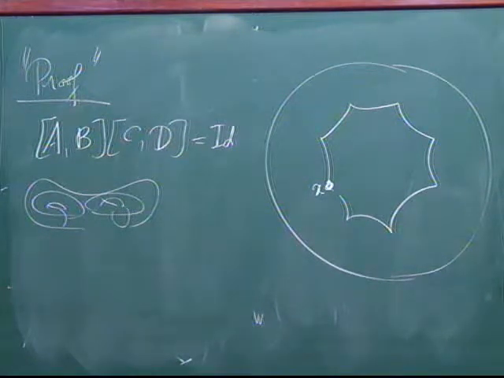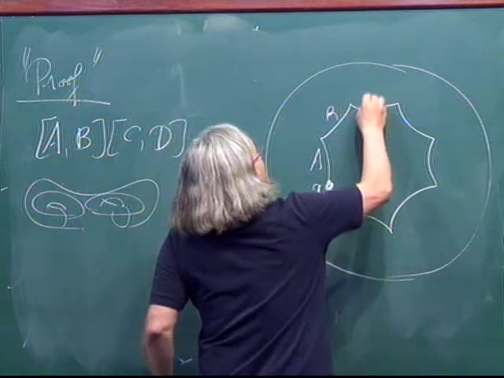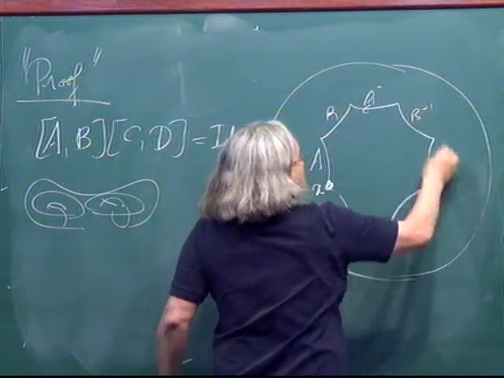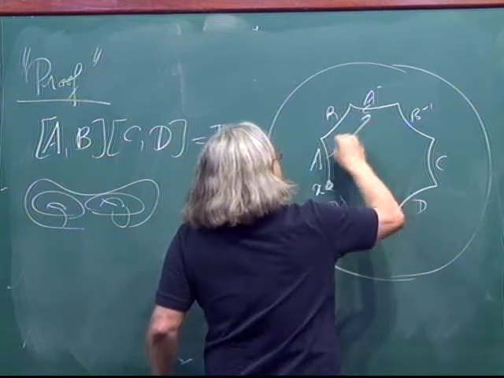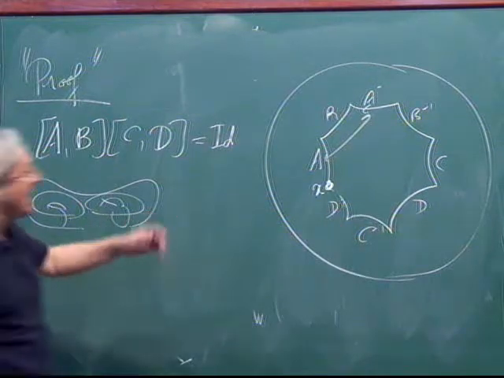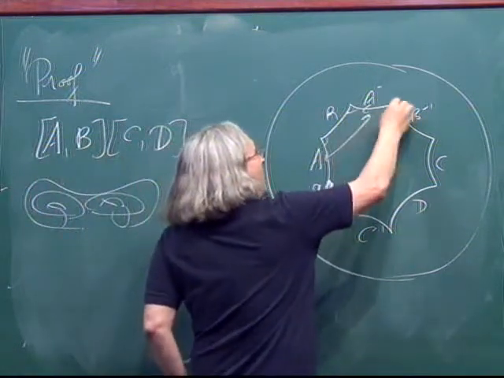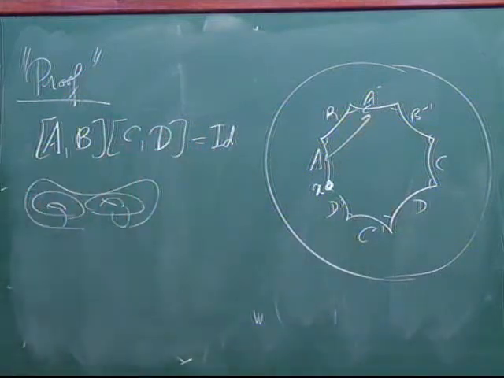Well, you have seen that this polygon is a fundamental domain. This polygon, by definition, is such that A, B, A inverse, B inverse, C, D, C inverse, D inverse. It is clear that these sides have the same length, and it is clear that the sum of the interior angles is 2π, because this is the identity. So now you just perturb this representation.